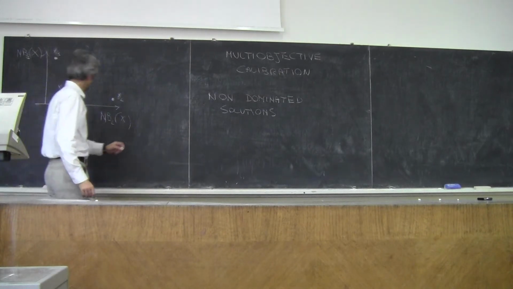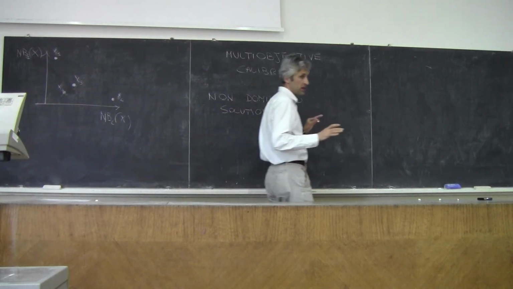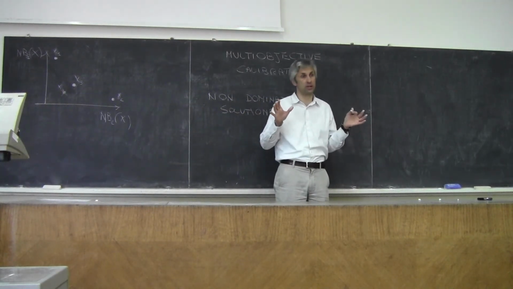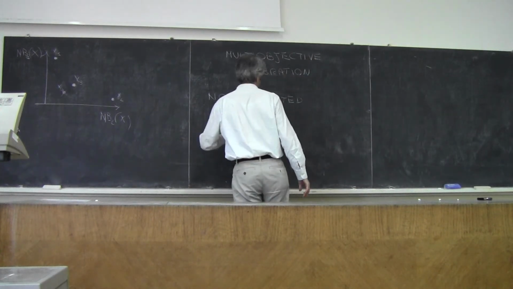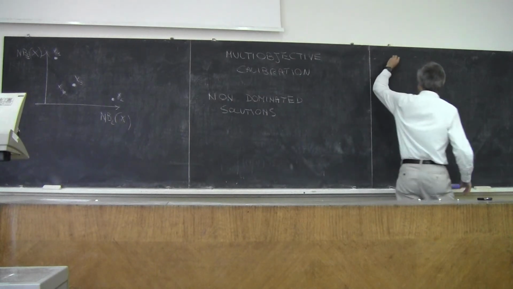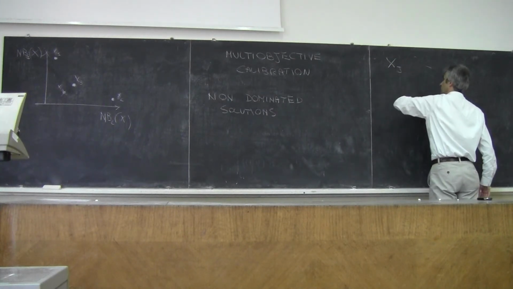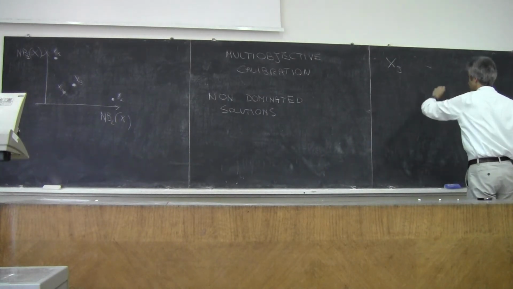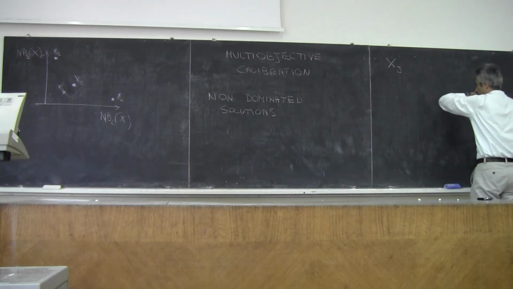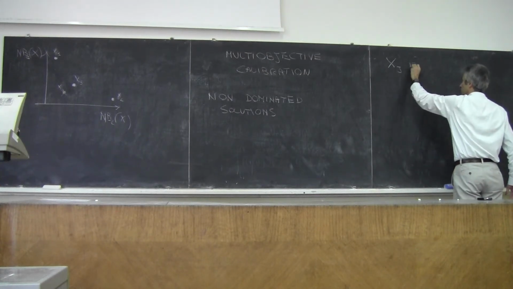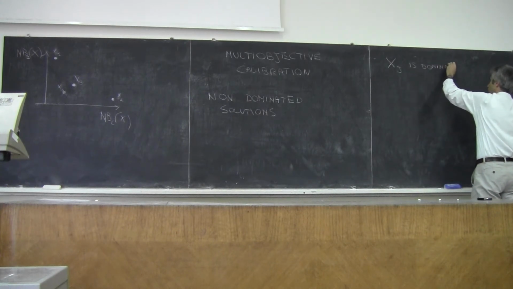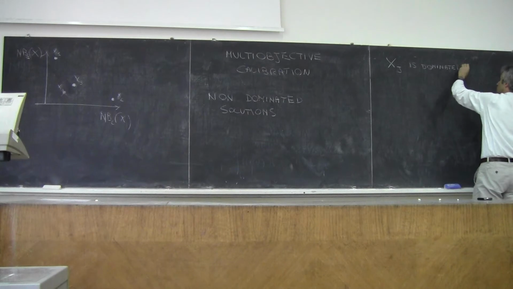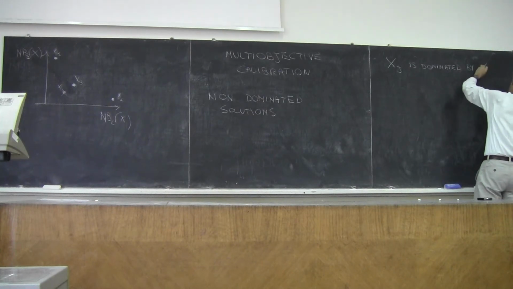Okay, so what does it mean that a solution is dominated by another one? Let me consider the solution xj, and what does it mean that xj is dominated by xi?